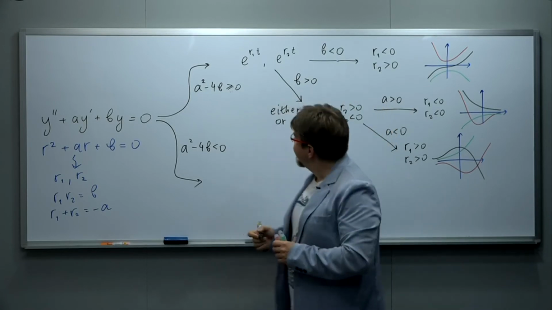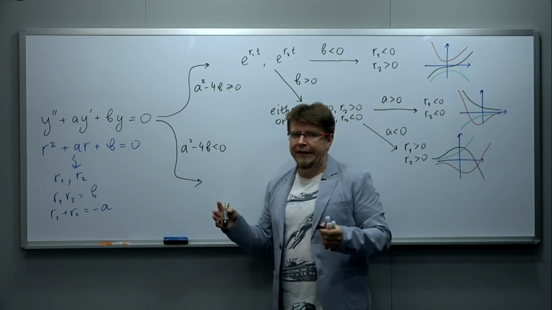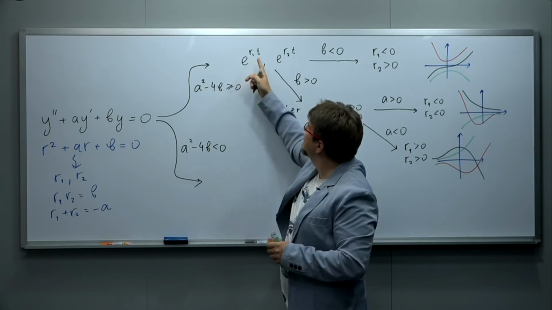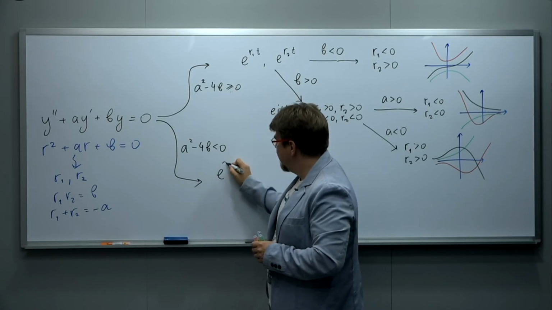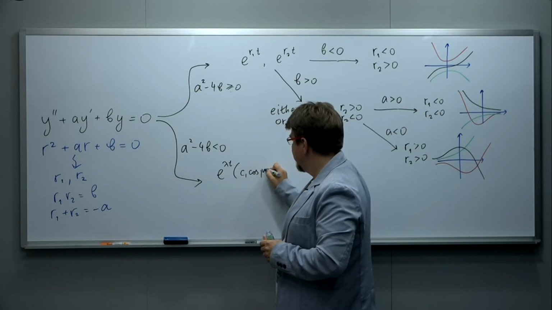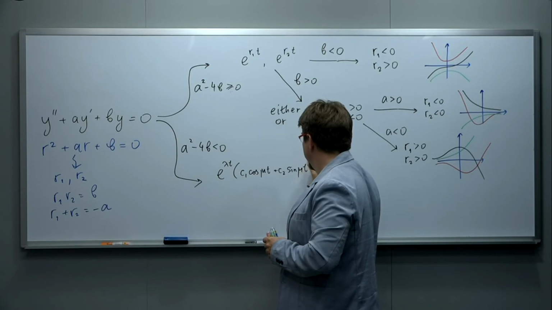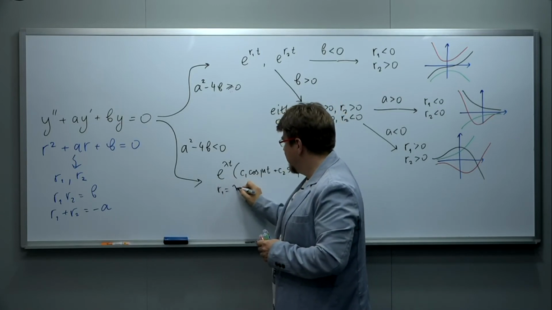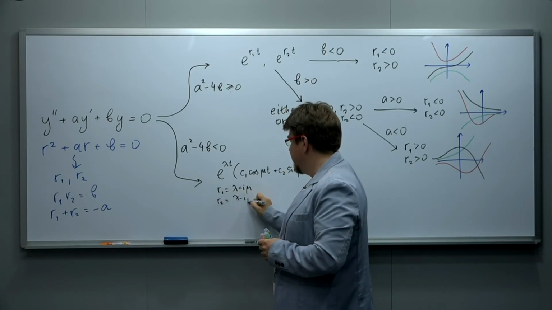And then the complex solutions, as I explained in the lecture, instead of writing them as e to the R1t and e to the R2t, we can write it as e to the power lambda t times a combination, say c1 cosine mu t plus c2 sine mu t. So in this case, R1 is lambda plus i mu, and R2 is lambda minus i mu.